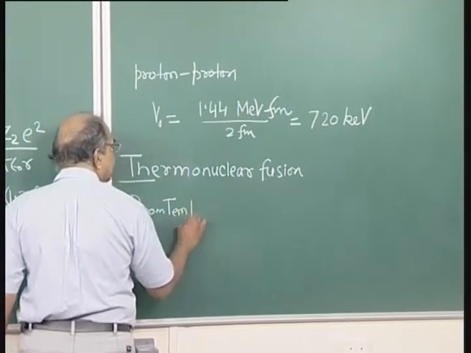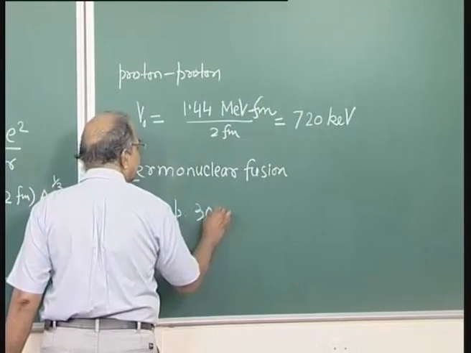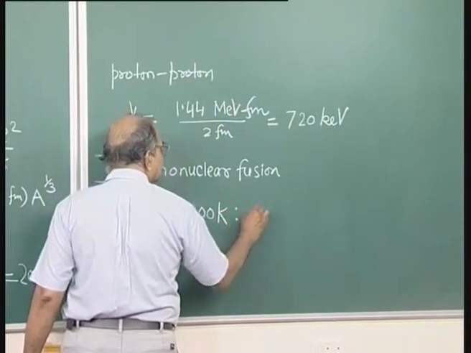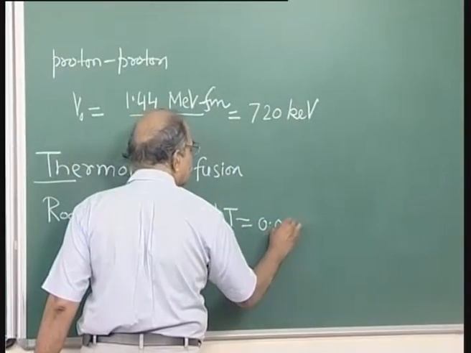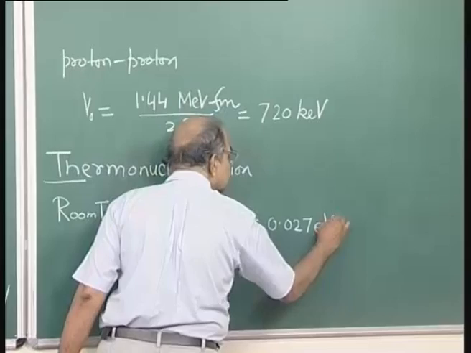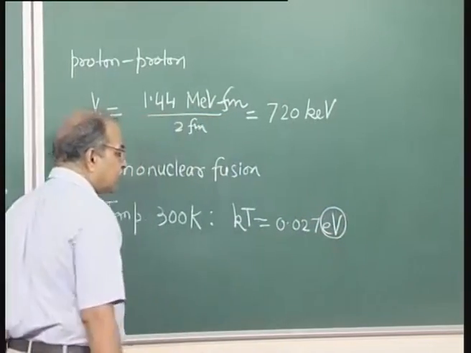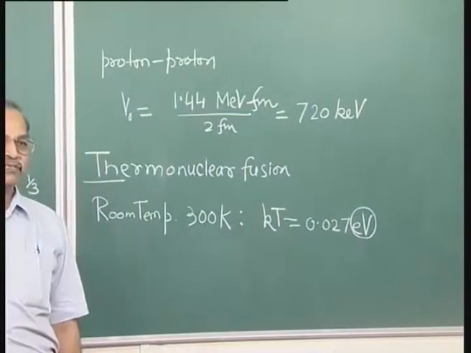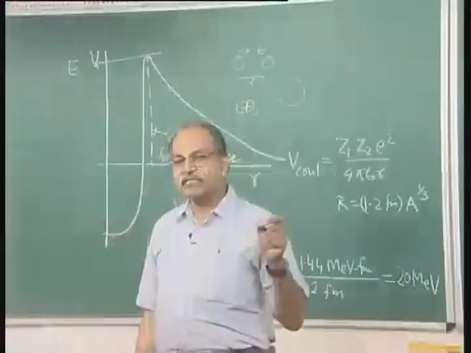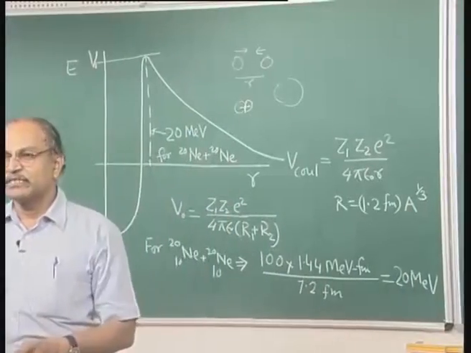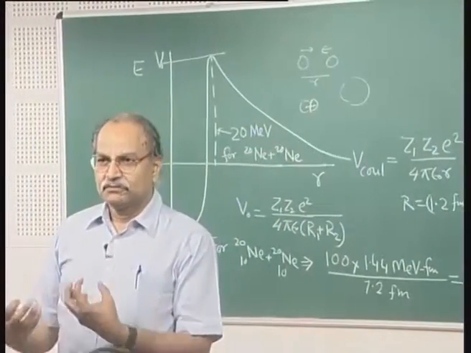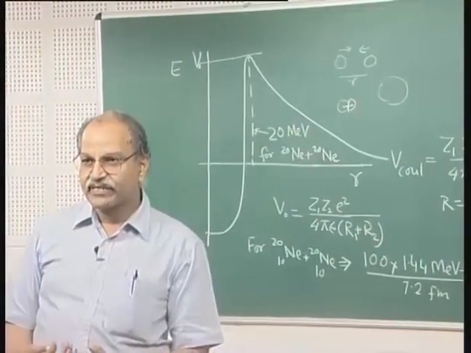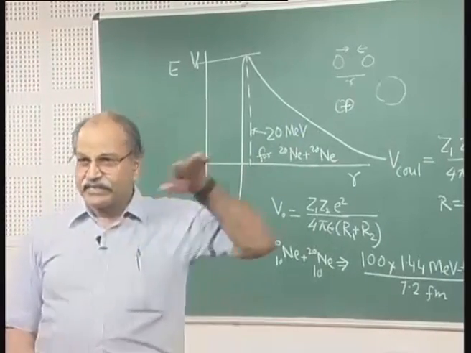So, at room temperature, that means 300 Kelvin, kT is 0.027 electron volts, not keV, not meV, electron volts, 0.027. That is Boltzmann constant k times the absolute temperature T, and the kinetic energy of the constituent particles at temperature T. Scale is decided by this kT.